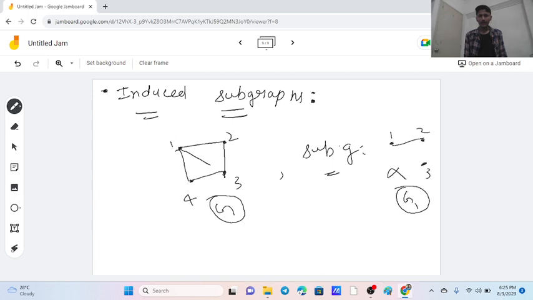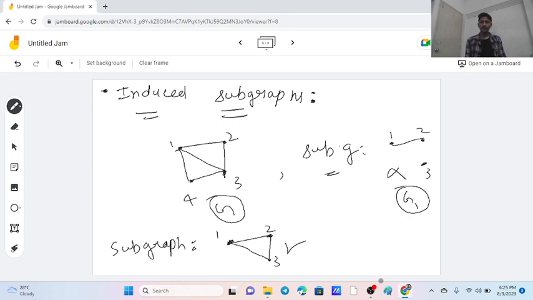Okay, so if I make an edge from here to here, then the subgraph 1, 2, 3 is an induced subgraph. Okay, why?